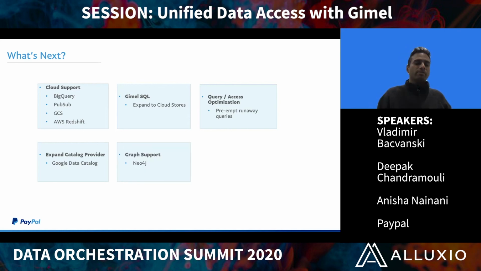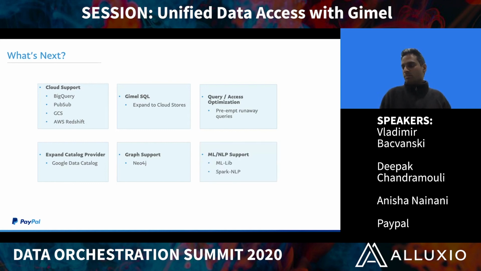And as we have expanded support for different kinds of technologies, relational, NoSQL, streaming, object store, we would like to also tackle the graph realm, where we can make graph available to SQL users at some point in time. This is on the wish list side. We hope to achieve this sometime in the future, or if there is somebody interested in contributing, it will be really awesome to have this feature in Gimel.